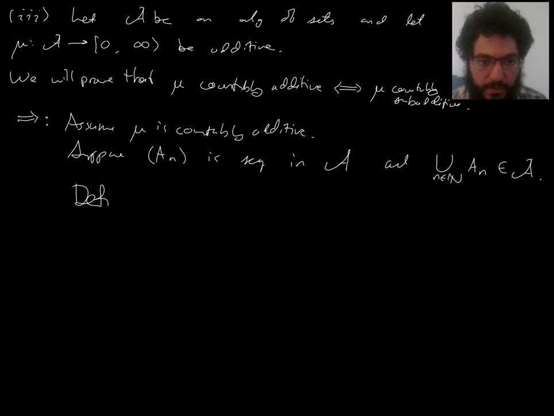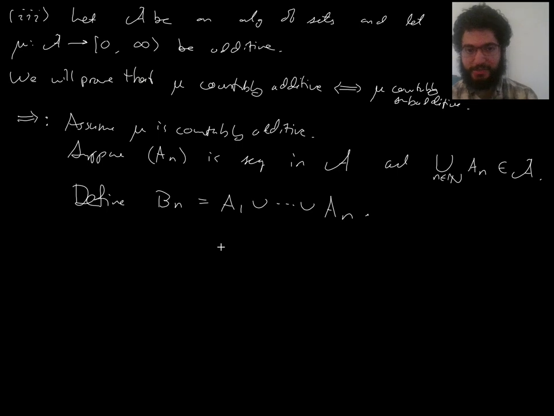Then define Bn, so we're going to define this family of sets Bn, so that they sort of take this running union. So B1 is A1, B2 is A2 unioned with the previous guys, B3 is A3 unioned also with the previous guys.